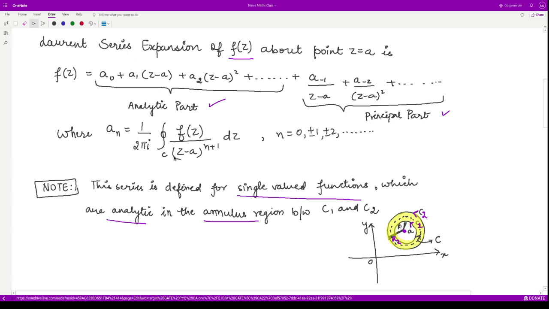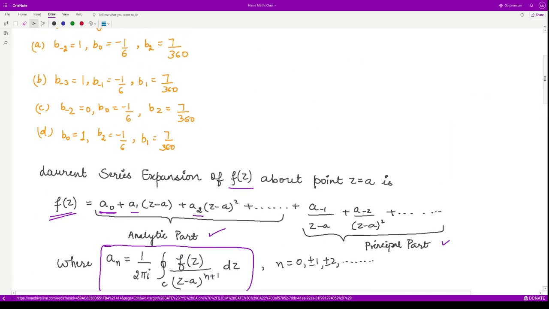These a0, a1, a2, a minus 1, a minus 2 are the coefficients which are calculated using this particular formula. Here also we have to expand our function in terms of this kind of series. So let us do that.